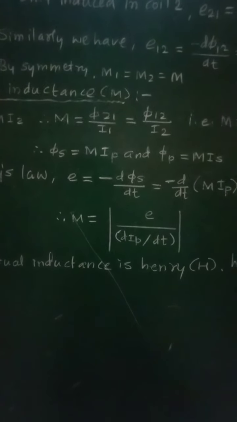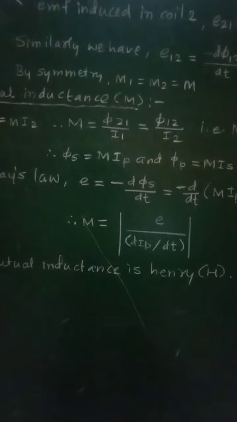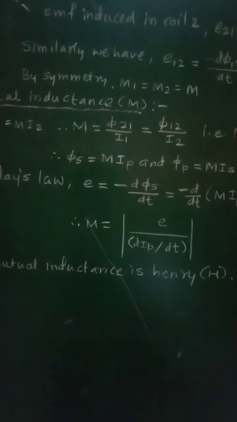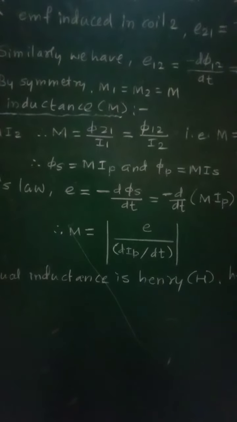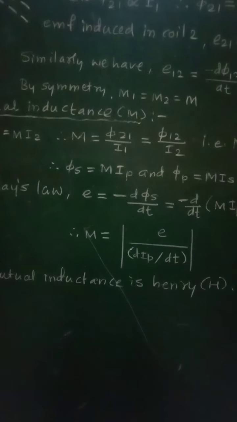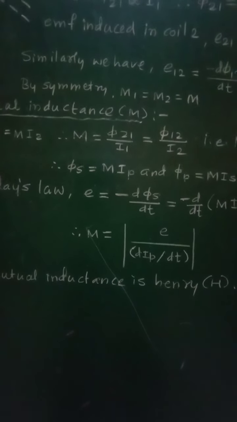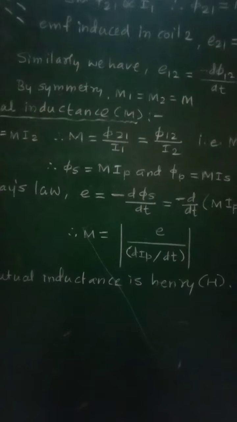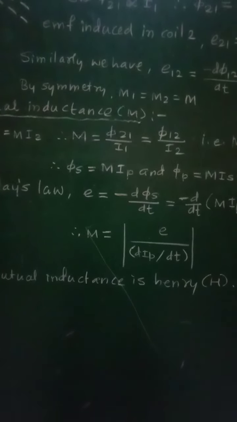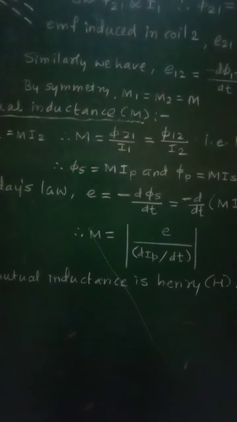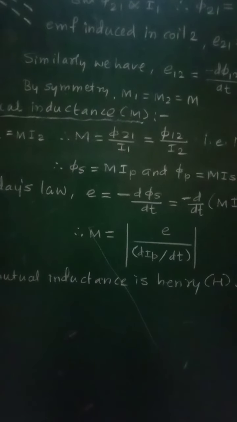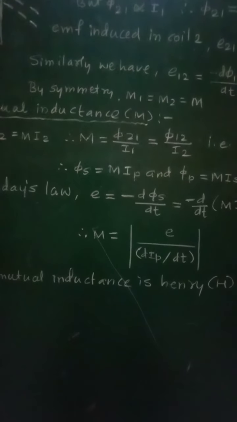This expression will give us the mutual inductance M, and therefore it will be defined like this. Mutual inductance is defined as the induced EMF produced in the secondary coil per unit rate of change of current in the primary coil.